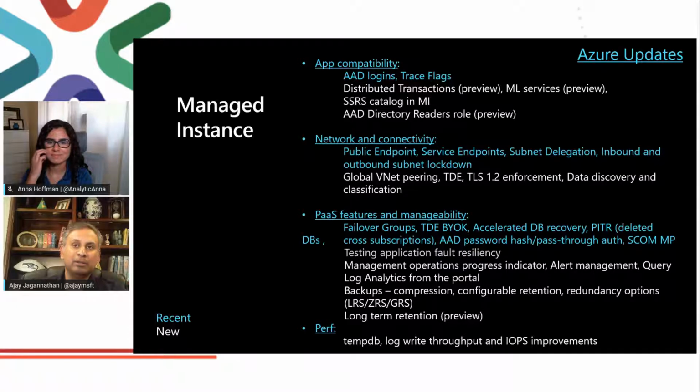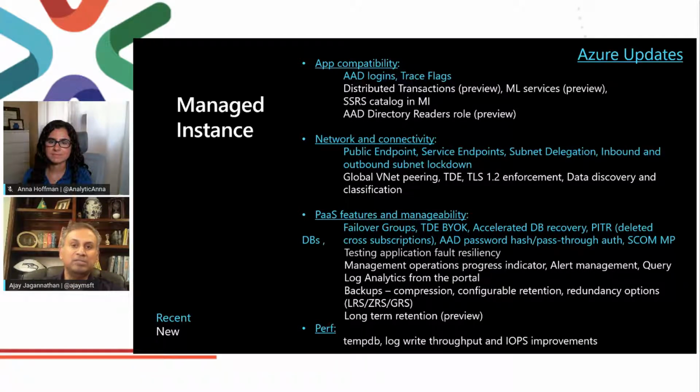And we also enabled, through REST API, PowerShell, or command line, the ability to test application resiliency by initiating your own HA failovers. Remember, we talked about built-in HA. So if you want to do HA drills and test how your application behaves, you can initiate them now with various programmatic options.